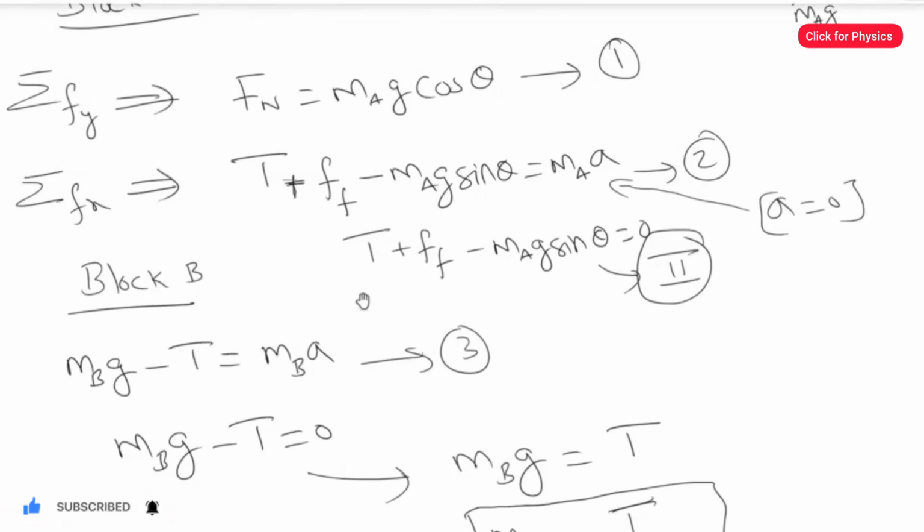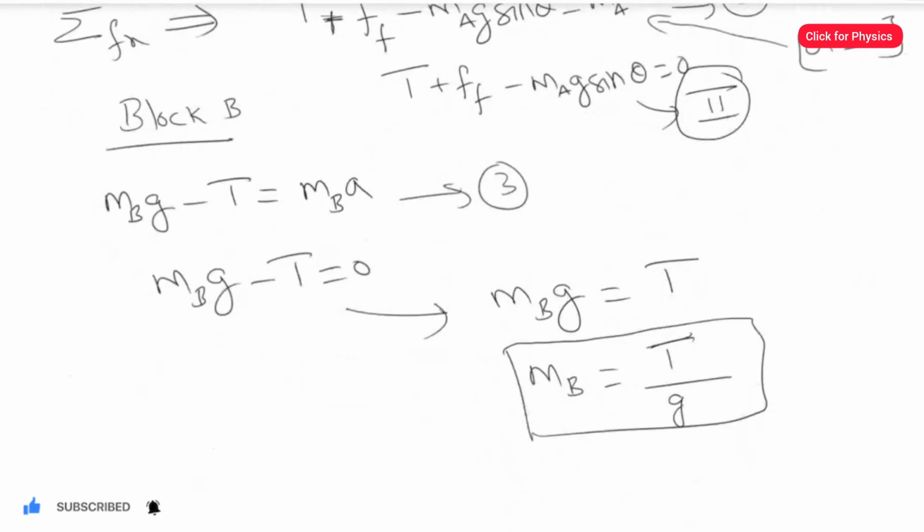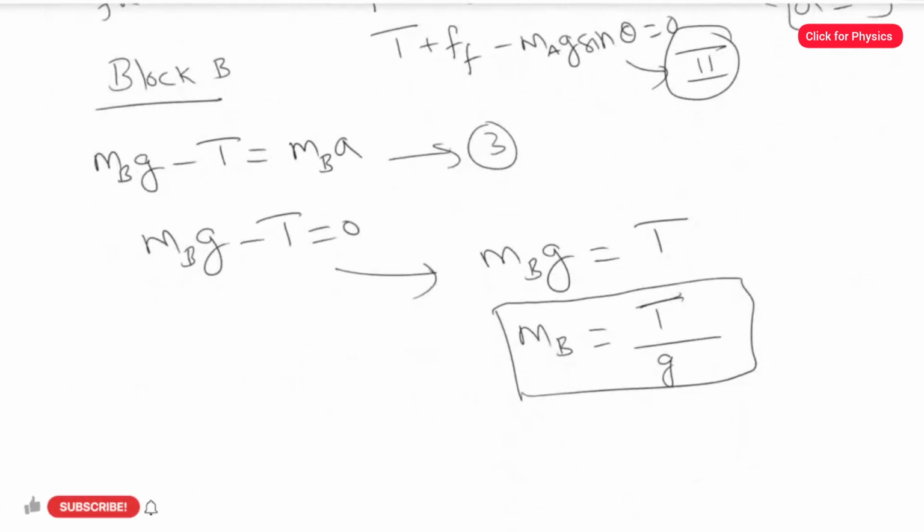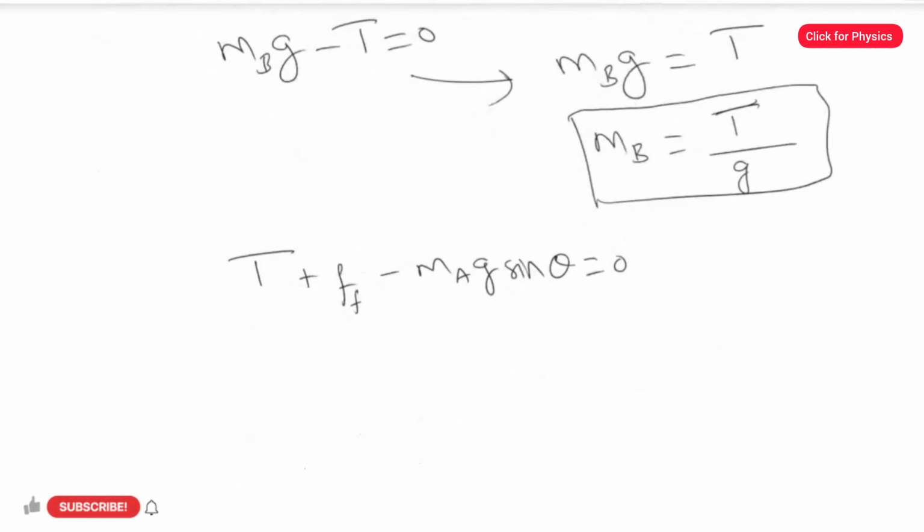So let's write this equation one more time. T plus frictional force minus MA g sine theta is equal to 0. So here, what is FF? This FF is nothing but the kinetic friction, because they gave the coefficient of kinetic friction.